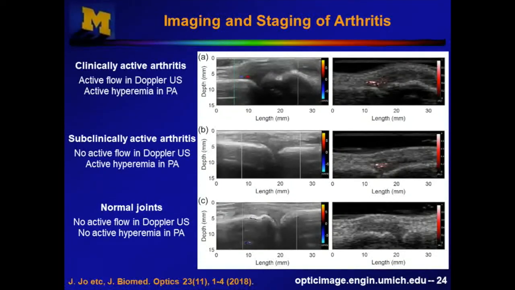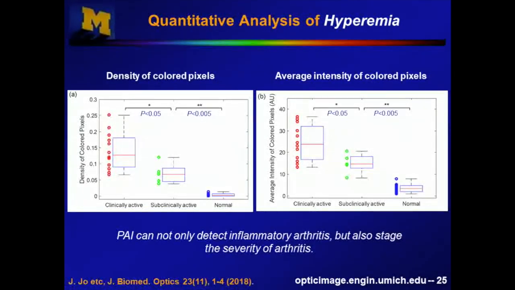We also have a group of patients with subclinically active arthritis, where ultrasound is not very sensitive in detecting the inflammation, but photoacoustic imaging can still detect the active inflammation in the joints. We also have a group of normal volunteers, and we used the photoacoustic imaging results from the three groups to quantitatively evaluate the activity in their finger joints.